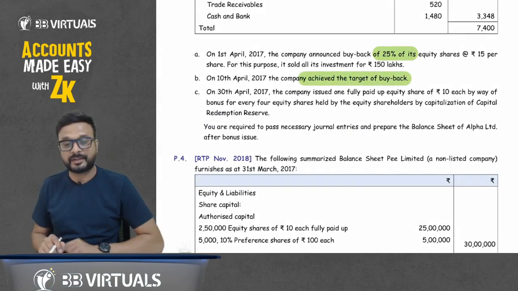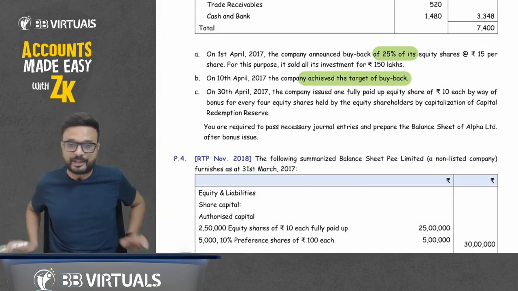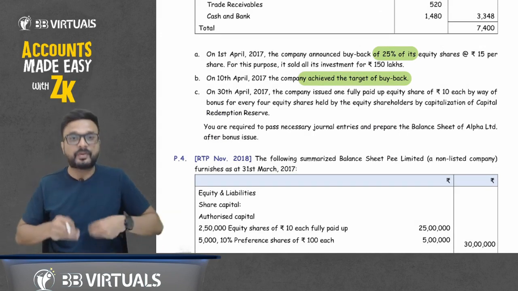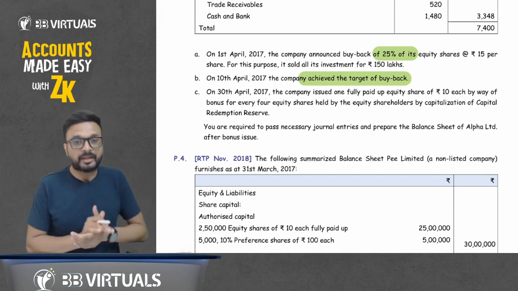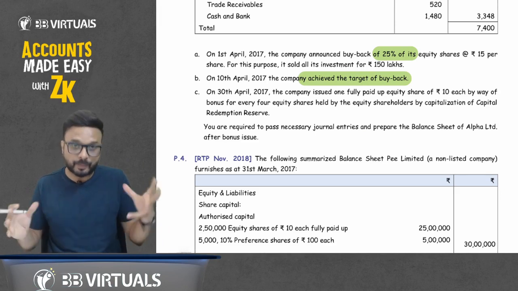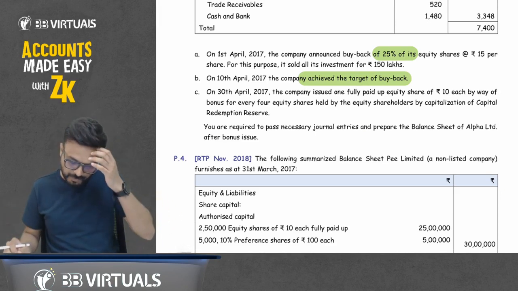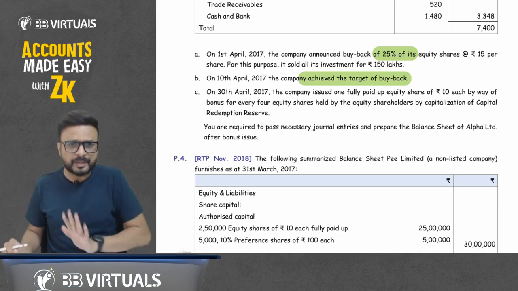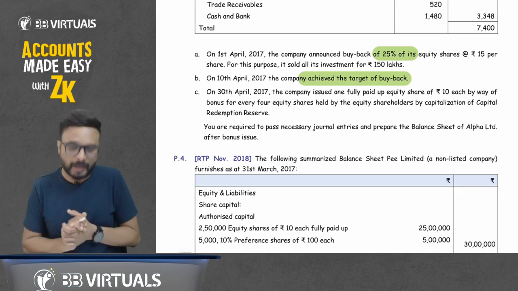Now understand the difference here. Achieve the target means there is no need to do the calculation of these three T's. When it is specifically asked to comment whether the number of shares the company wants to buy back is within the provision, then we have to calculate those three T's. Otherwise, no need. So the company achieved the target, it means they have achieved the target. There is no violation by the company. We just have to do the buyback now.